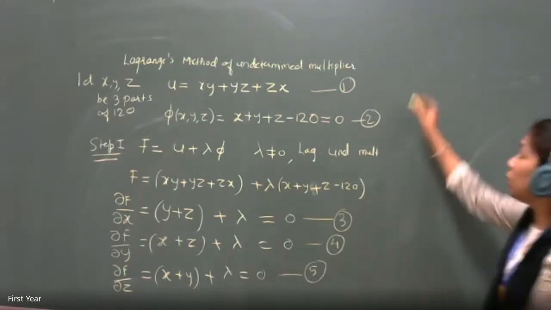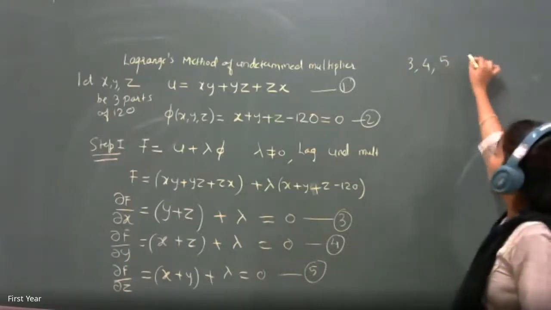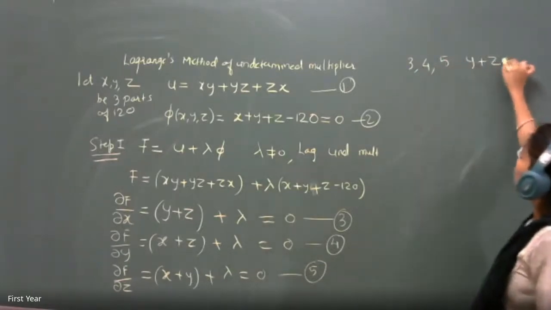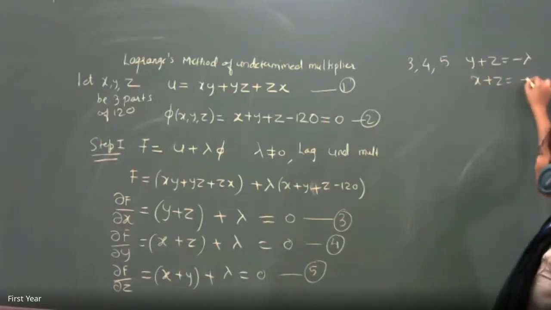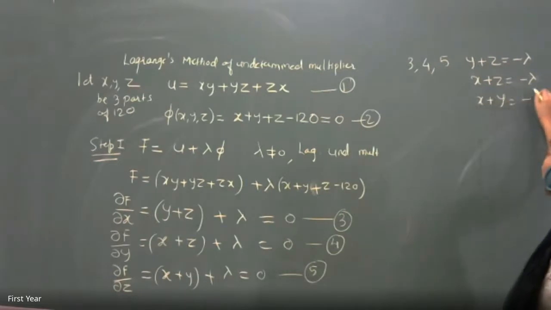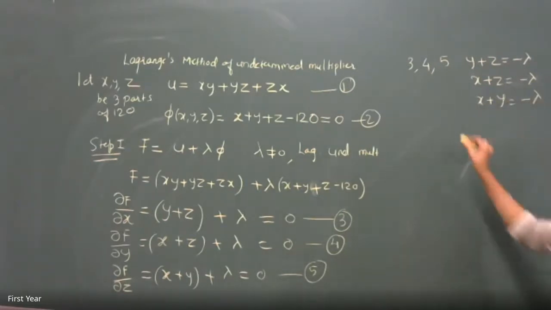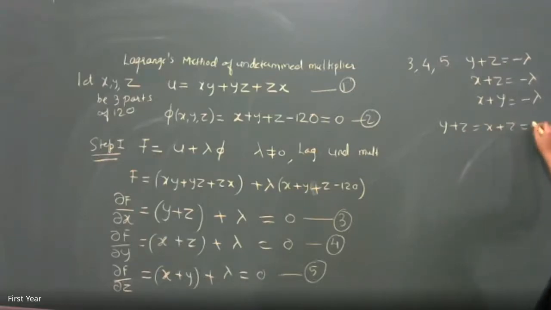From equations 3, 4, and 5, y plus z is equal to minus lambda, x plus z is equal to minus lambda, and x plus y is equal to minus lambda. So all three are equal: y plus z is equal to x plus z is equal to x plus y. What will this give you? The first two, z will cancel z, and you get y is equal to x.